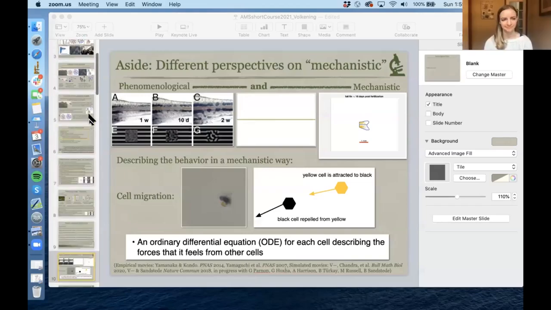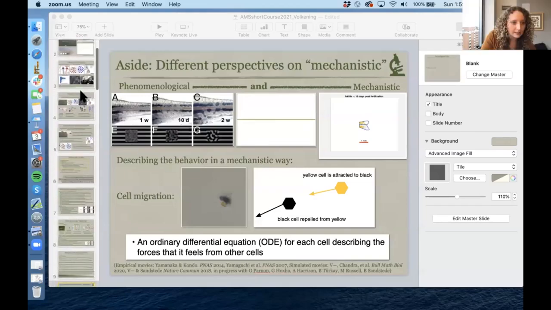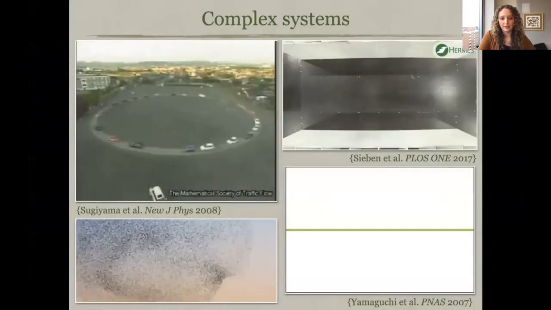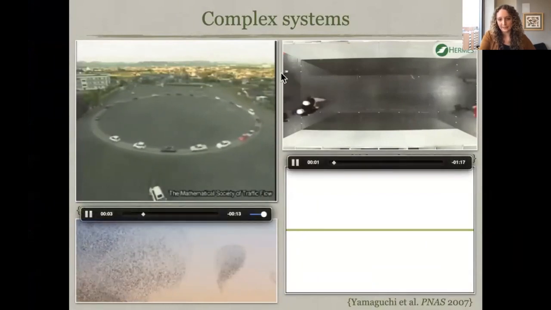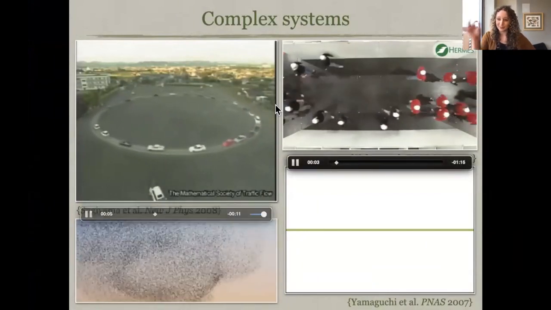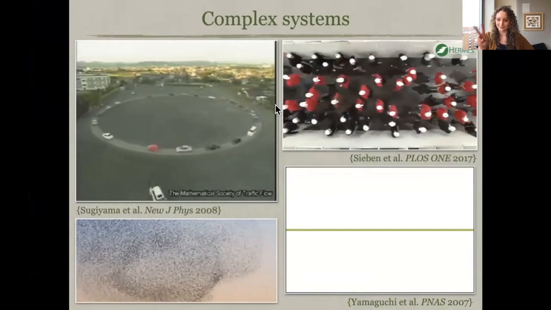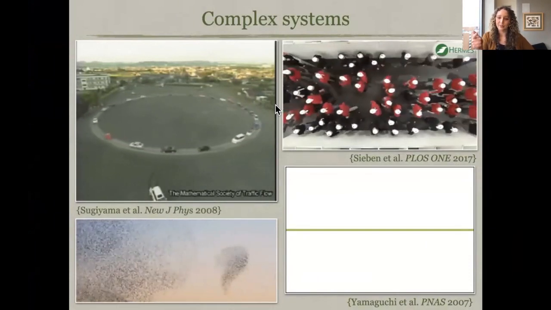Yep. So for example, in some of these systems, when we looked at this video here, since the people are wearing red shirts and black shirts, I think it's easy to say there are two types of people in this video, red shirt wearing people and black shirt wearing people.